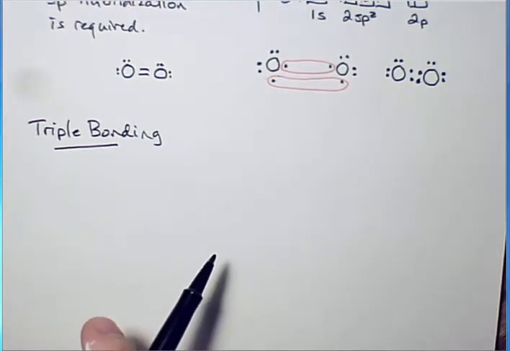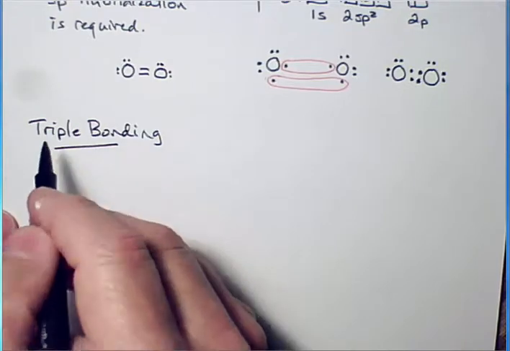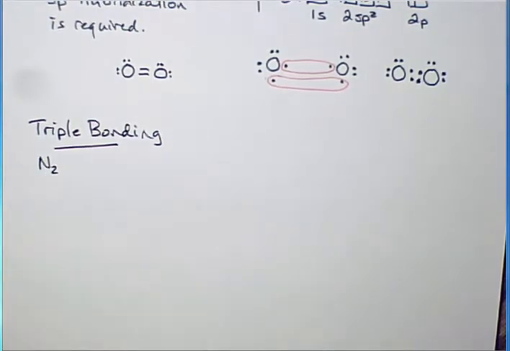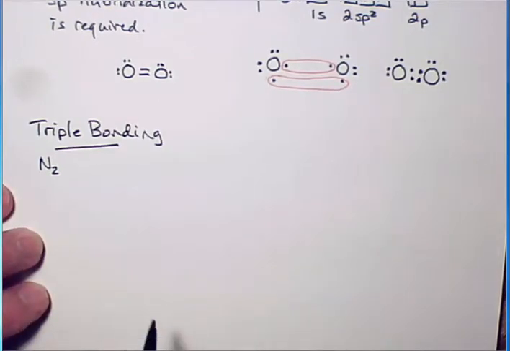Let's write the sp hybridization for nitrogen. Okay, now nitrogen also combines 2 atoms of nitrogen together. Okay, that's called a diatomic element when you have only 2 atoms bonded together.